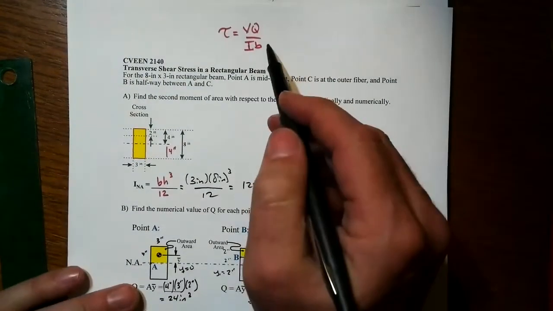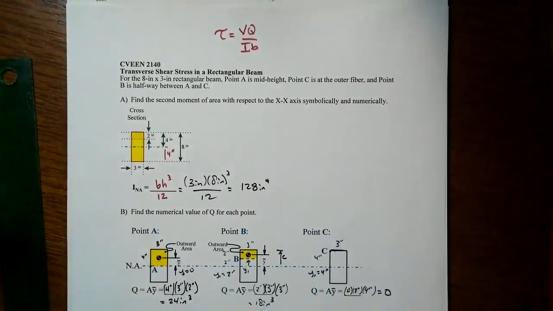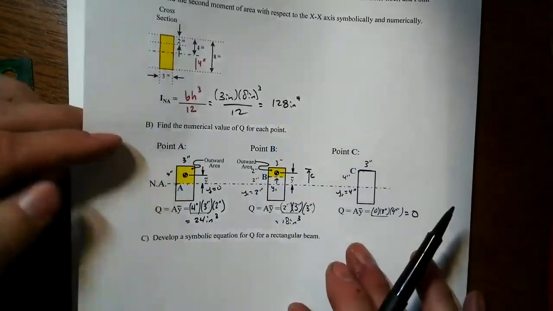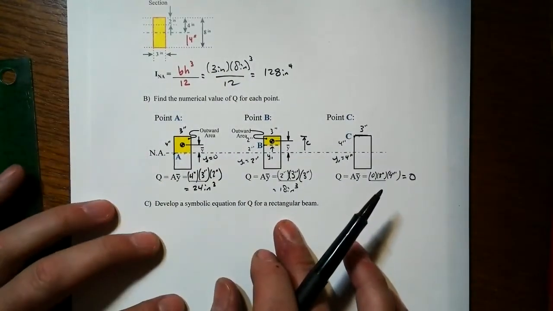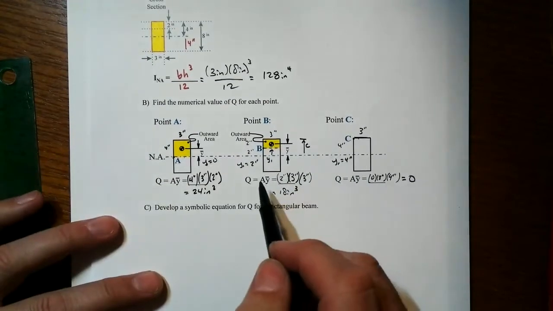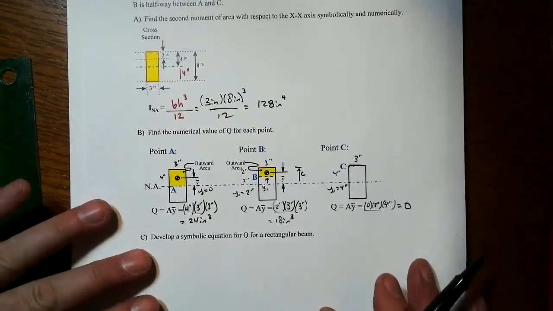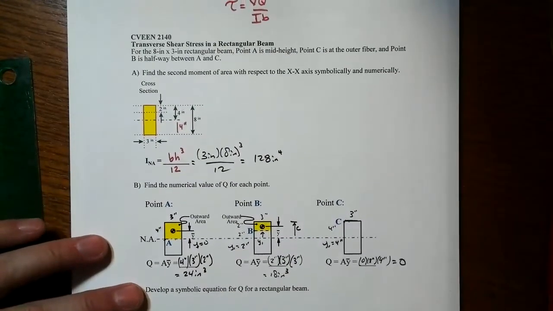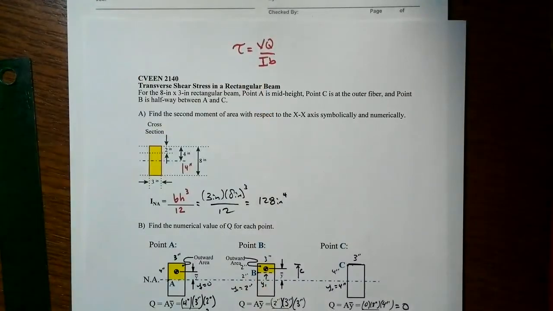If we were going to calculate in here, you'd use the 3 inches for that b here, and you'd also use it in that capital Q calculation. It would show up twice. So when you're going to develop the symbolic equation, go ahead and work that out and find out what kind of a variation you have in terms of this y1 distance. That's a crucial study step for you to go through. In other examples, we're going to take a look at applying this to not just a rectangular cross-section, but to some other kinds of cross-sections, so that we can see, again, how to figure out what the capital Q and capital B are.